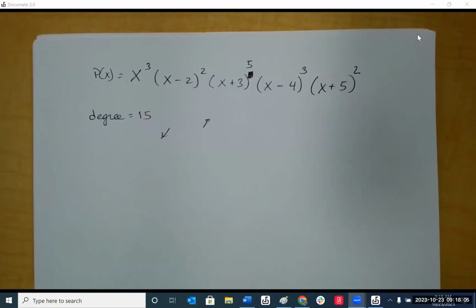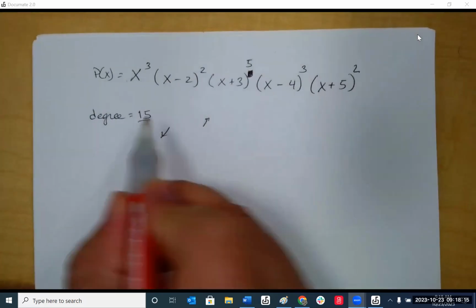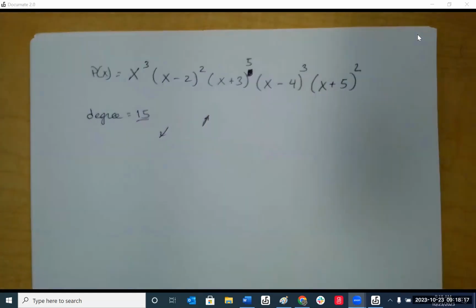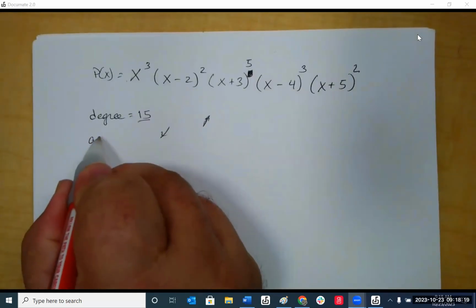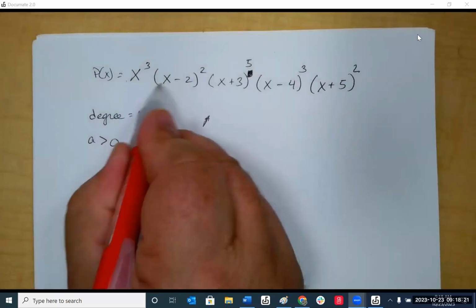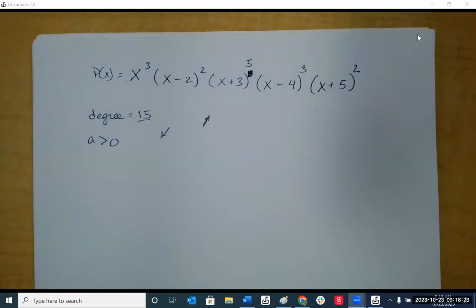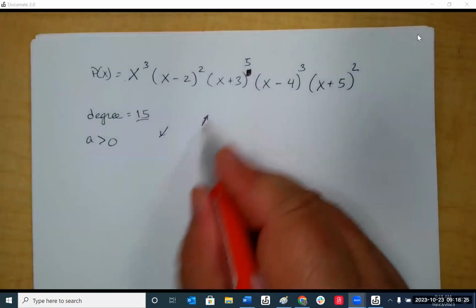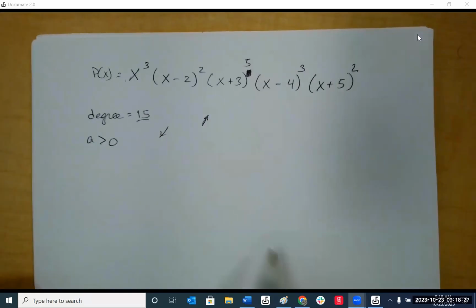I'll call it the degree test, but I'll show you how that works. Since its degree is odd, we know both ends point opposite directions. Since a is positive, since all the coefficients are positive, this side points up, which means the other side points down.